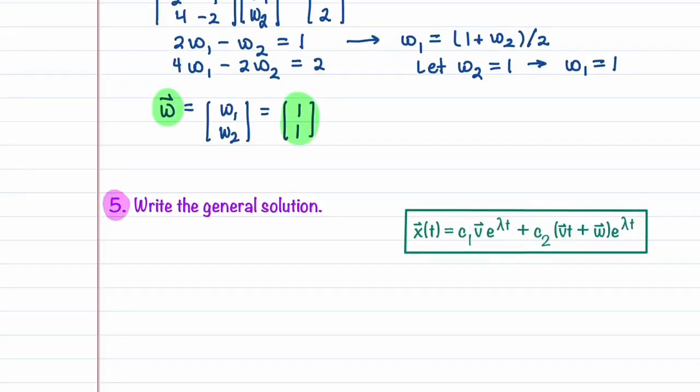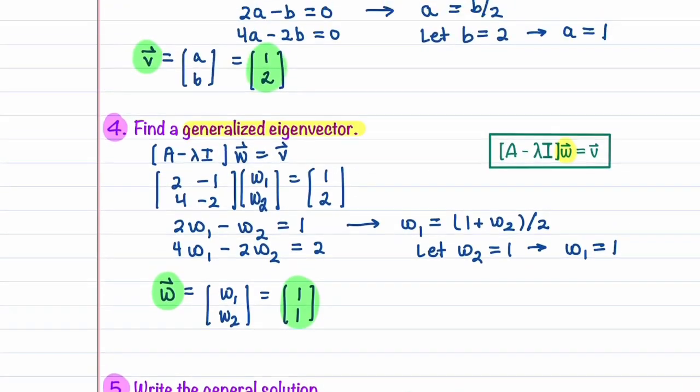Now in step 5, we can just write down the general solution. Over here on the right, I wrote down what the general solution looks like when we have repeated eigenvalues. Our lambda is up here in the exponent, and then we have our eigenvector v, and then our generalized eigenvector, vector w. Our solution then looks like this. We have x of t is equal to c1 times vector v. Let's go back up here and grab that.